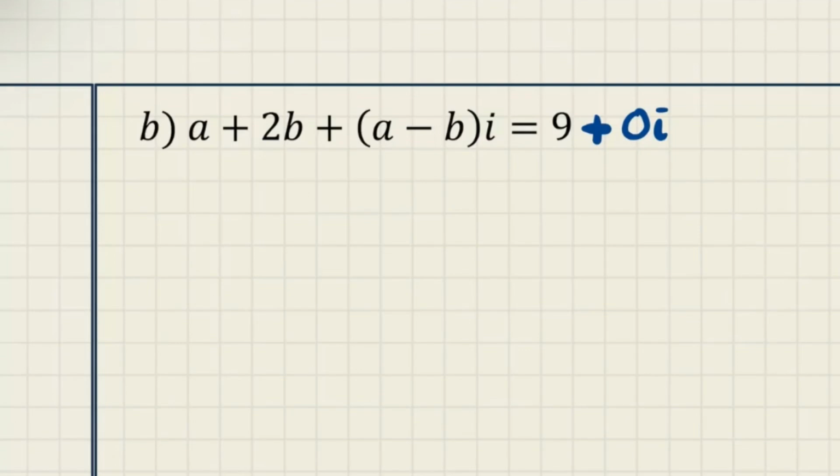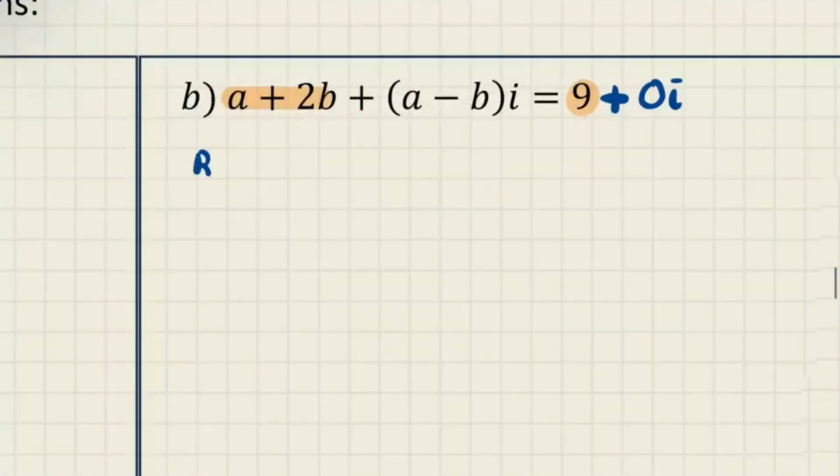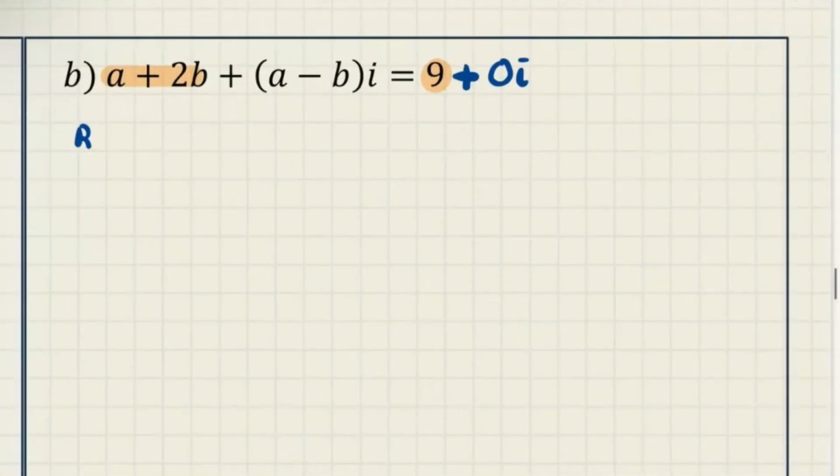Okay, back. Now we want to compare. So I'm going to compare 9 with A plus 2B. So our real part, A plus 2B, we will compare with 9. I didn't write it. Oops, wait.